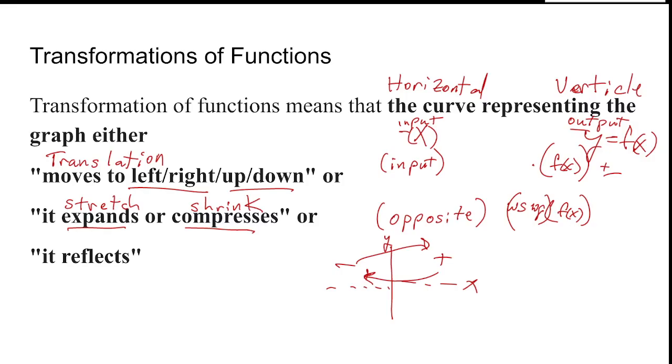Because when we reflect over the x-axis, it's the y values that are changing. So in a sense, the positive y values become negative y values, and the negative y values become positive y values. We see that it's going to reflect right over the x-axis.